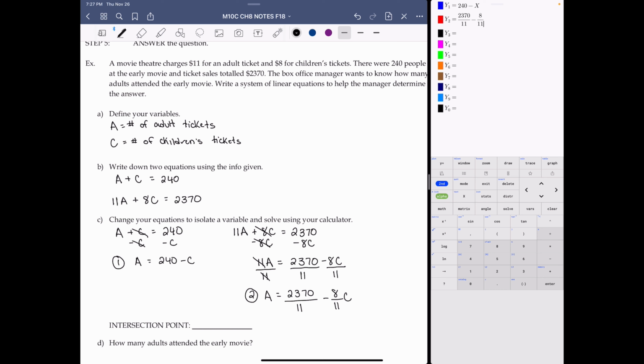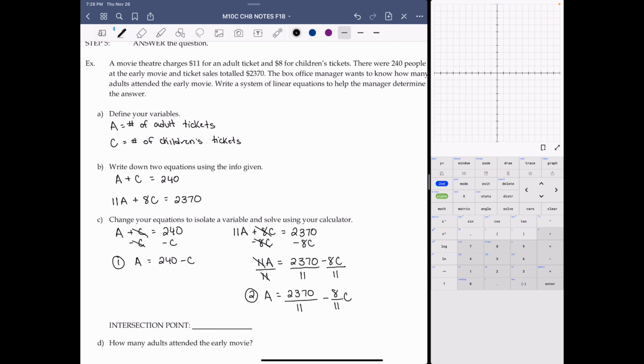Just make sure when you attach the variable to the second fraction, you move out of the fraction and then put it beside. So x is beside 8 over 11. It's not on the bottom of the fraction. Then graph that or draw on the Casio. And in our window from plus 10 to minus 10, our standard window, we don't see anything.